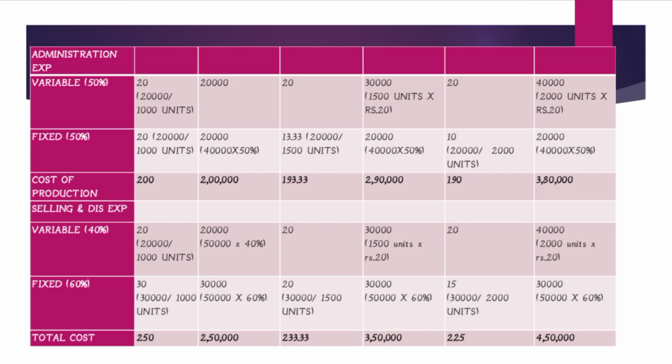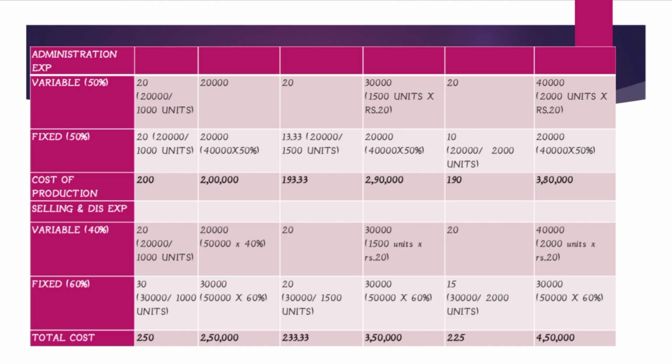It will be 200 rupees per unit for 50%, and the value is 2 lakh. For 75%, the price per unit is 193.33, and the value is 2,90,000. For 100% capacity level, 190 rupees per unit, and the value is 3,80,000.